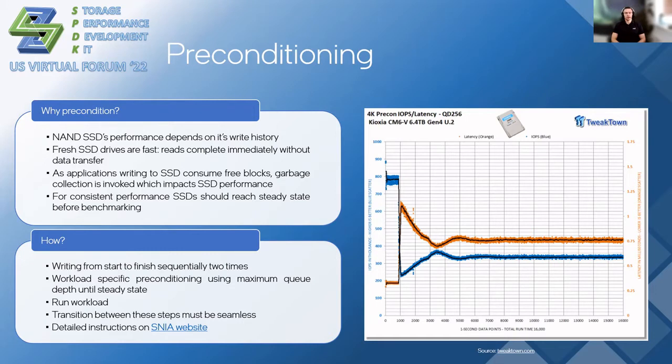SSDs can show different performance levels depending on the write history. Fresh SSD drives, ones straight from the factory, have all their pages free and will show much higher performance than what's described in their technical specification datasheet.